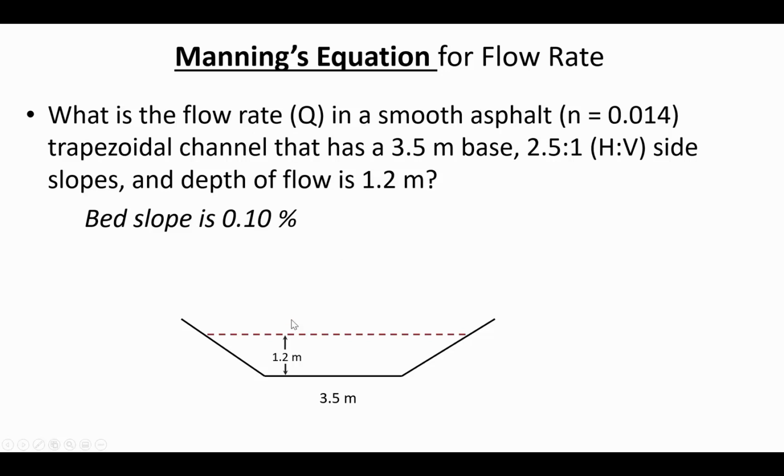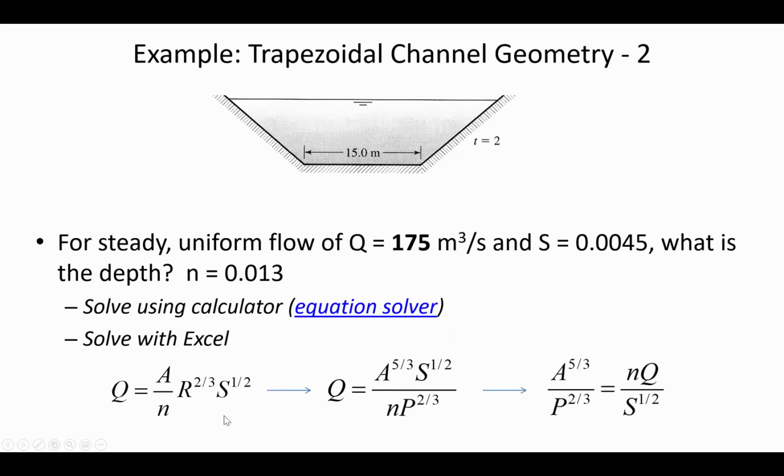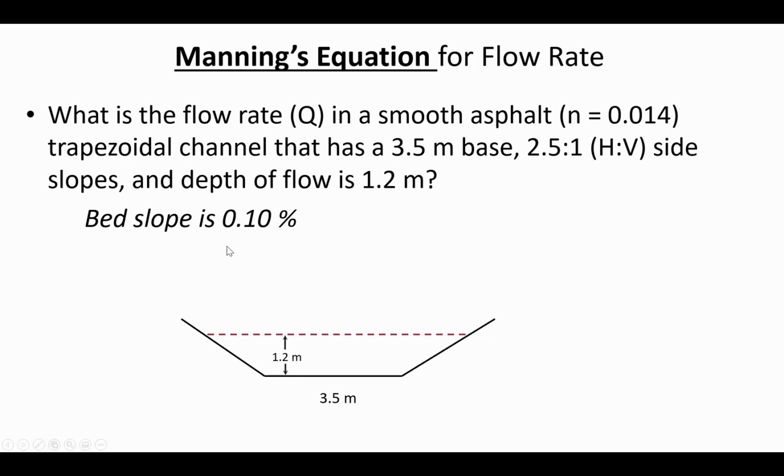If we know the depth is 1.2 and it's got a bottom width of 3.5 meters and then our slope S is 0.1%. So that means when you put it into Manning's equation, what this needs to be is as a decimal. So 0.1%, you should write that as 0.001.